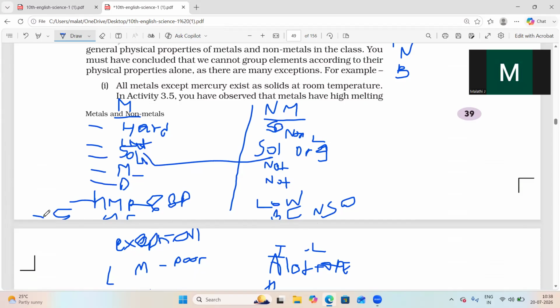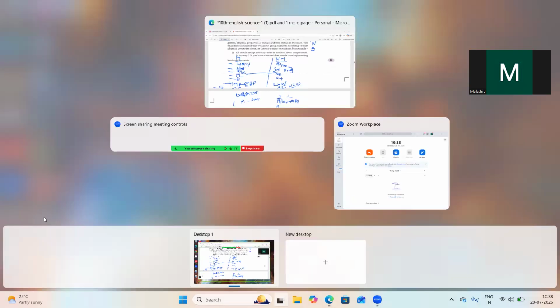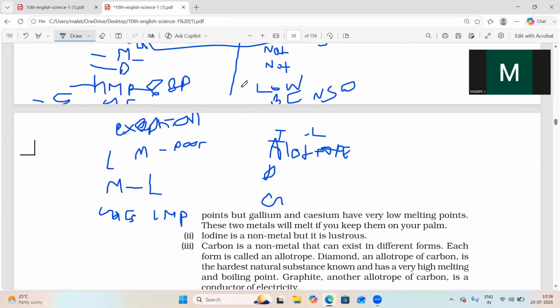Now some exceptions that we studied above. All metals are solids except mercury, which is a liquid.